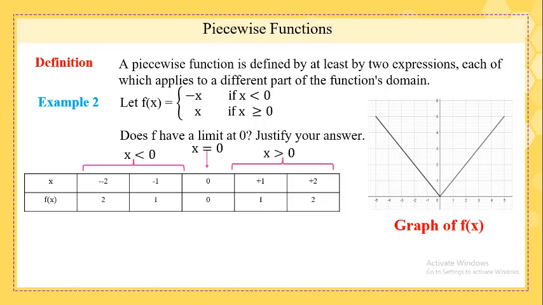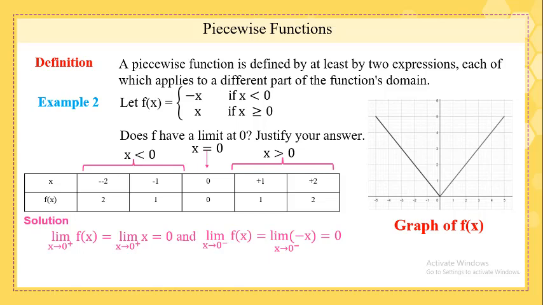If we graph this function, we observe that the limit of f of x as x tends to 0 plus is 0, and the limit of f of x as x tends to 0 minus is 0. So the limit of f of x here as x tends to 0 is 0, having equal right and left limits at 0, so the limit of f of x as x tends to 0 exists.